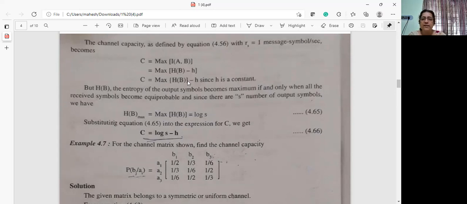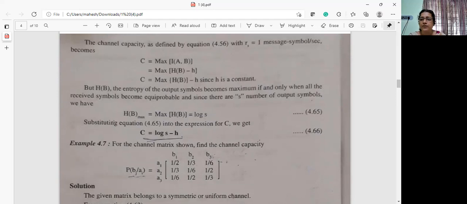And similarly, if there are S elements representing a symbol, entropy will be maximum when the symbol probabilities are equal to 1 by S. So the entropy will be given as minus S into 1 by S log of 1 by S, or you can write it as log of S. So the maximum of h of B is equal to log S. Or the channel capacity C can be written as log S minus h.